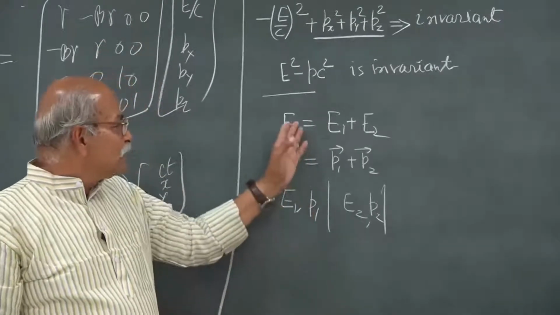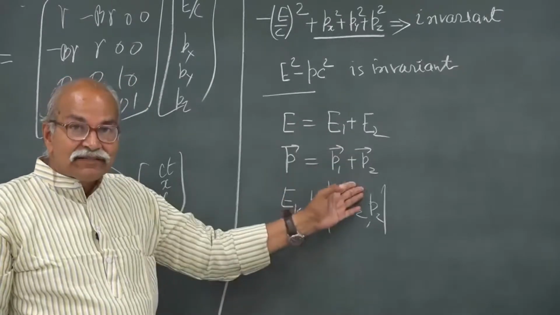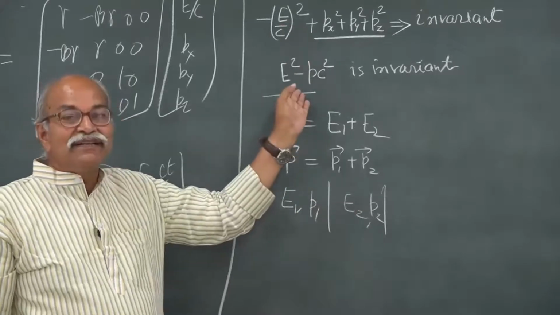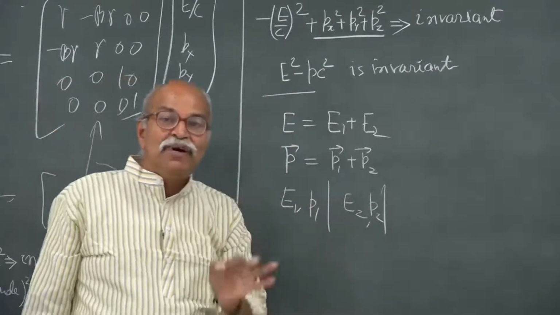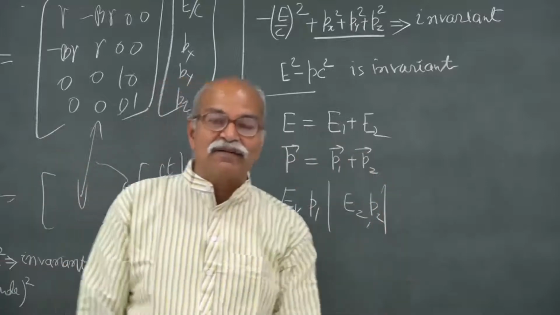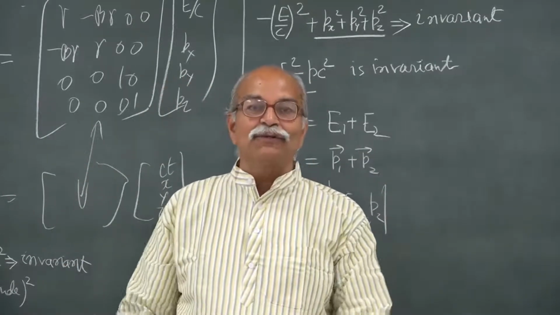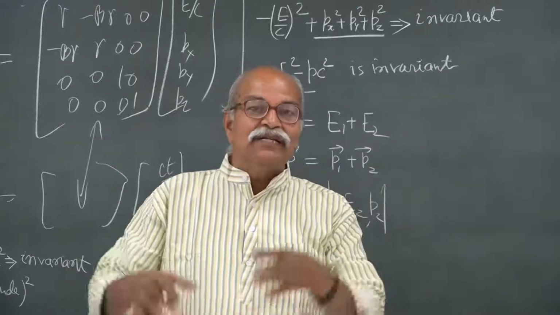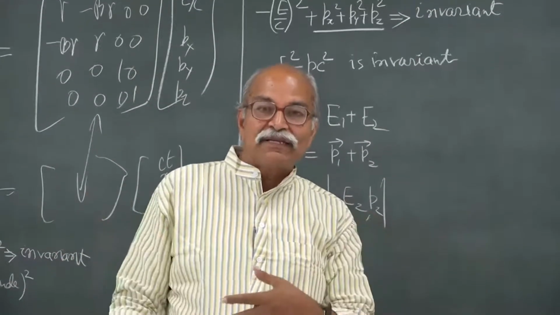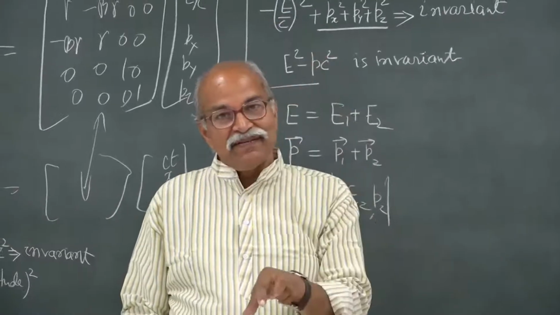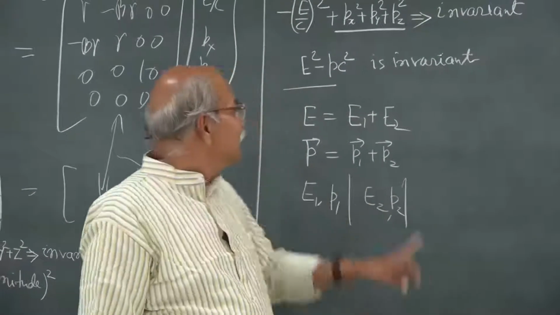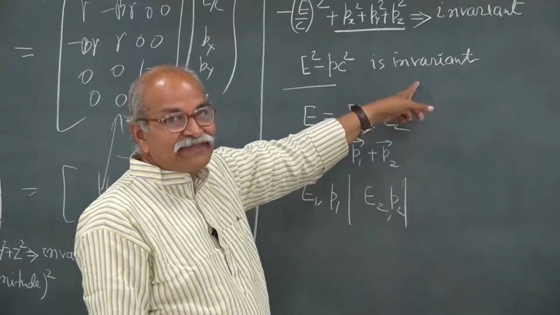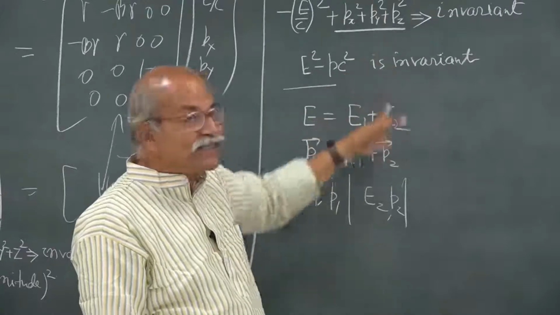Similarly, here this total thing will also be a 4-vector, and if it is a 4-vector, this should be invariant. So, not only for one particle, even if you have several particles and you take the total energy of all the particles together as capital E, and the total linear momentum of all those particles taken together as Px, Py, Pz, you will still have E square minus P square c square invariant. Okay. So, we will stop here, we will continue with this discussion next time.